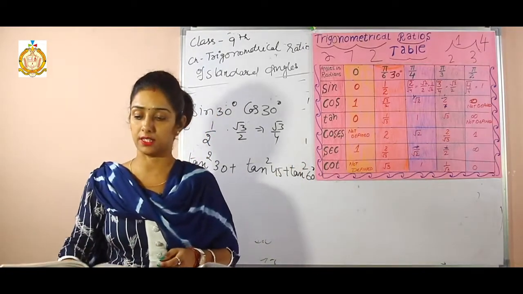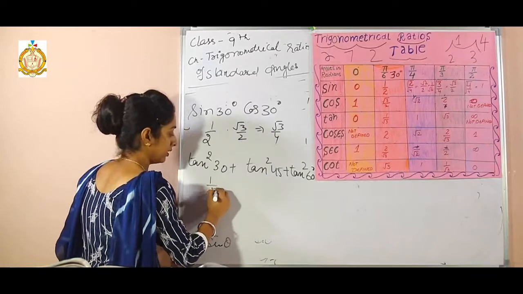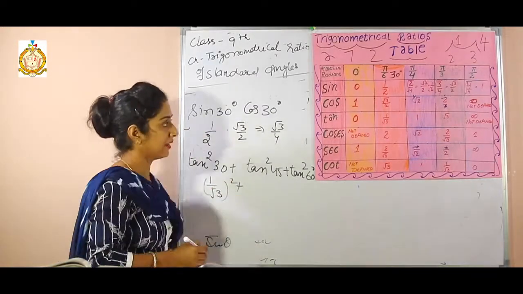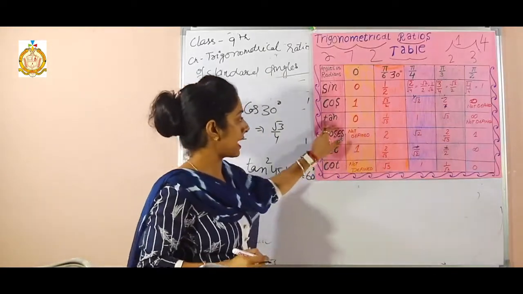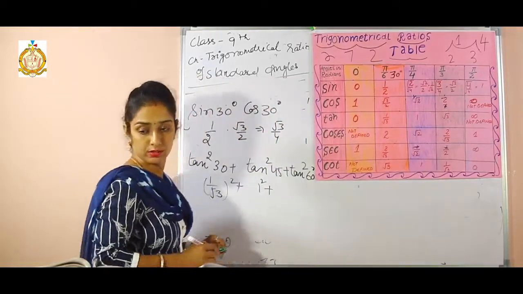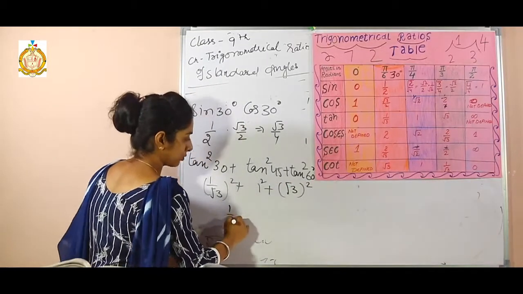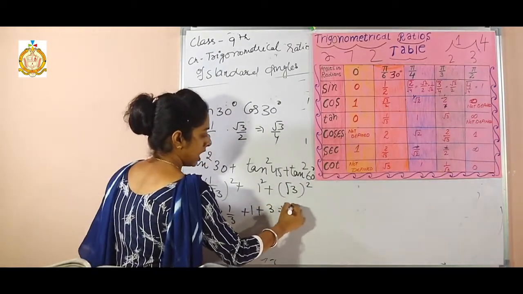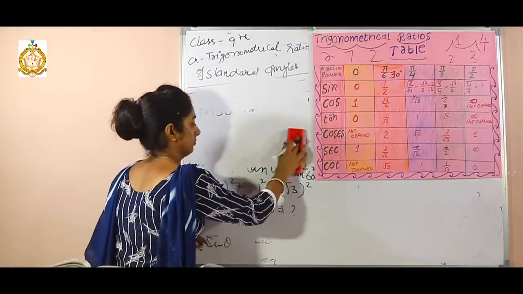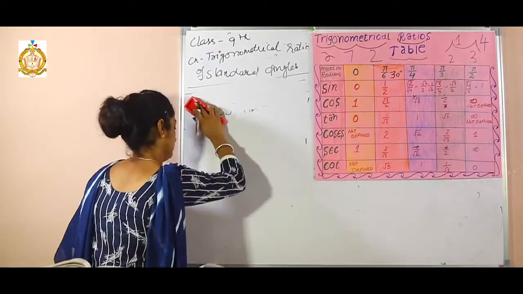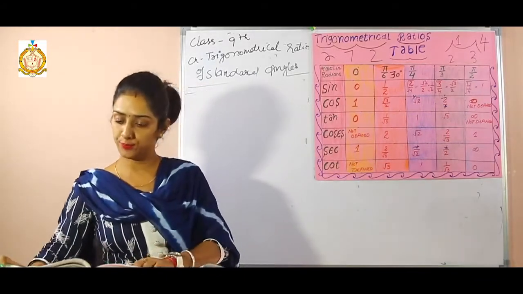Now tan 30 is 1 over under root 3, so 1 over under root 3 whole square, plus tan 45, that is 1 square, plus tan 60, that is under root 3 square, which is 1 over 3 plus 1 plus 3. After solving it, you get the answer. See next question.